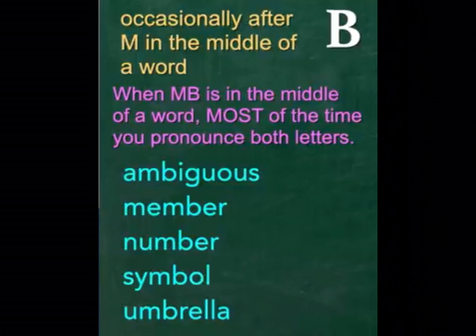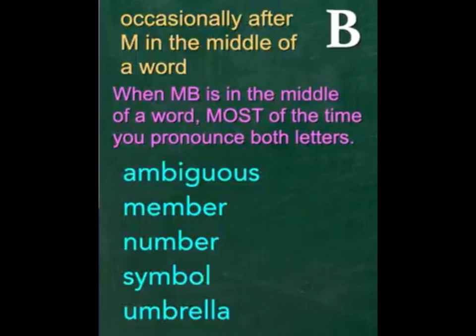Also, like I said, occasionally after M in the middle of a word. When MB is in the middle of a word, most of the time you pronounce both letters. For example, ambiguous, member, number, symbol, umbrella.